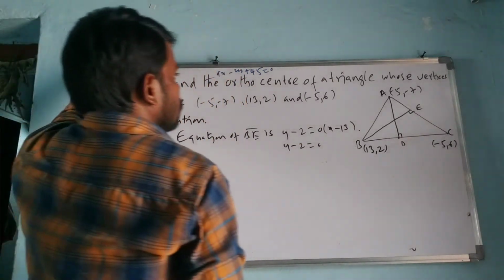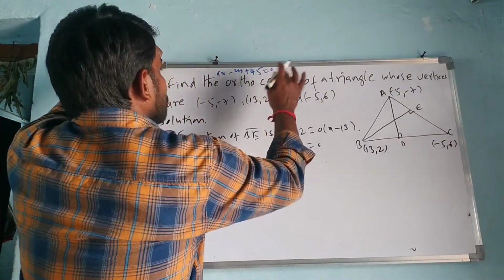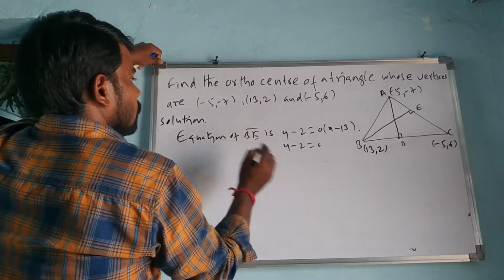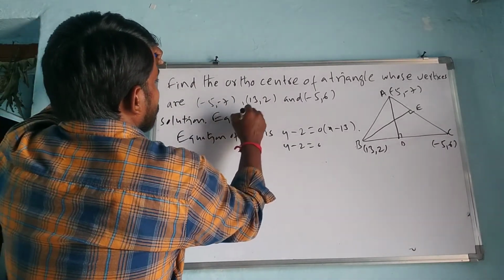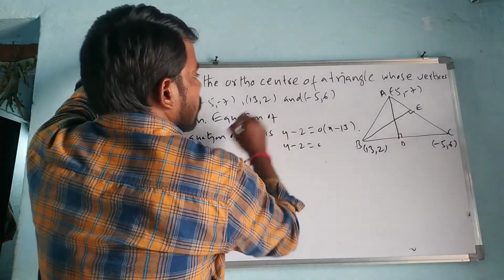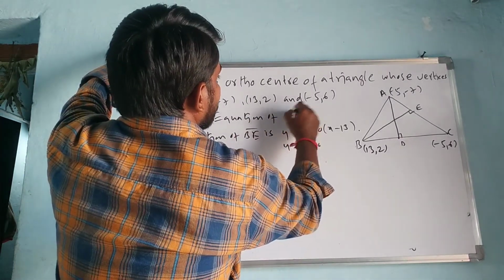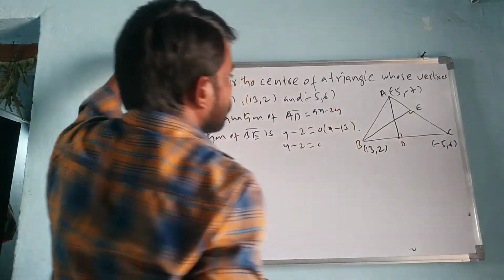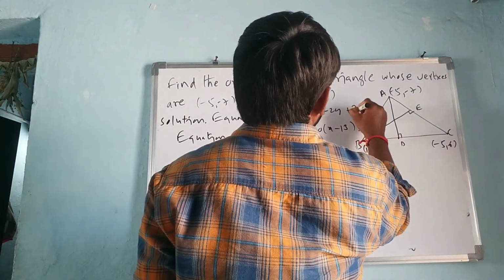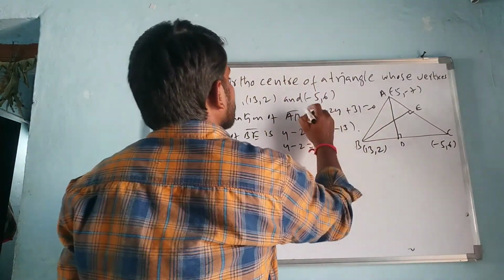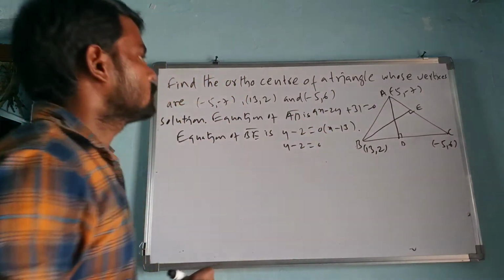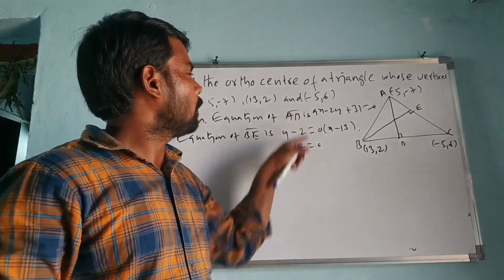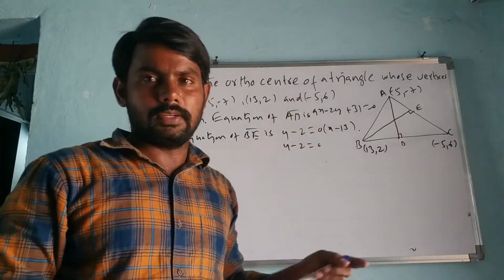Now this is the equation of AD, 9x minus 2y plus 31 is equal to 0. Here we have to find the point of intersection of these two lines.